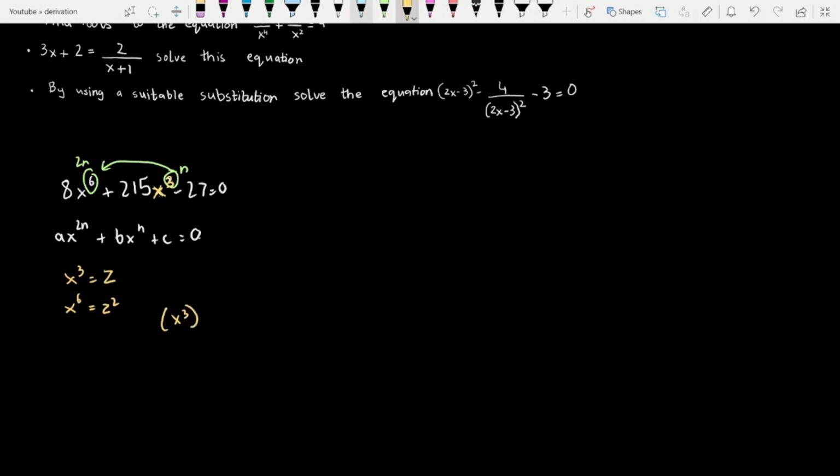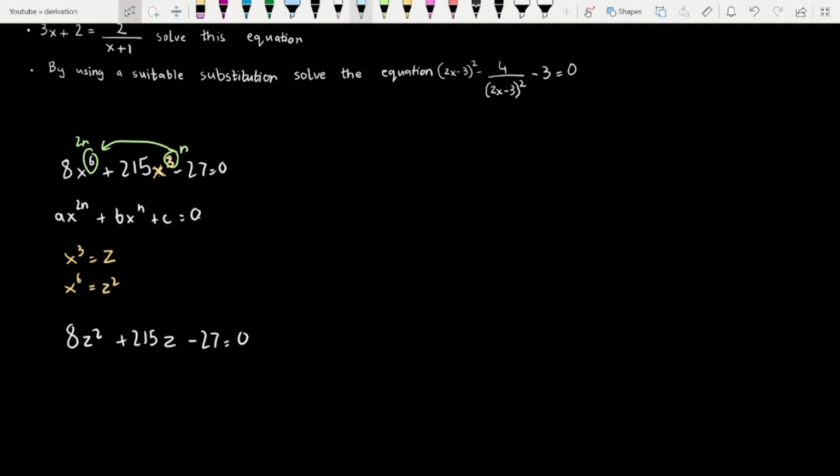So put that in there. You're going to have the square. So this is z squared. Plug in the value for z, solve it out, and this is going to be x to the power 6. So z squared is actually x to the power 6. And now what we've got to do is replace all the x values with our newly found z values. So this is going to be 8z squared plus 215z minus 27 is equal to 0.